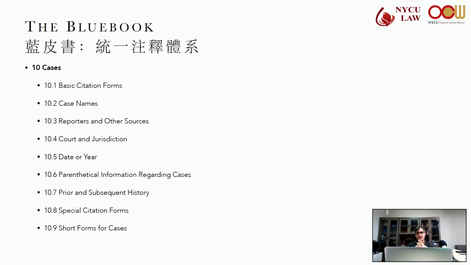Same thing with "city of," "county of," "village of." Again, we're omitting prepositional phrases of location or similar expressions, unless it makes the party name ambiguous.